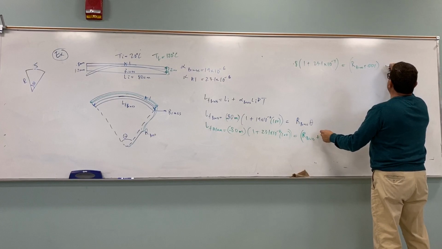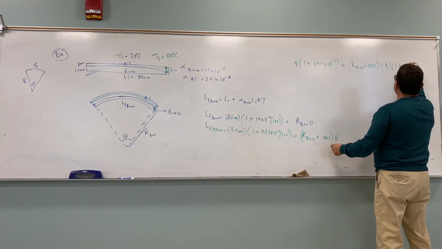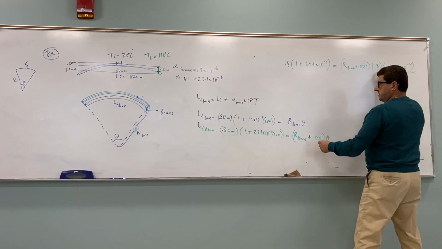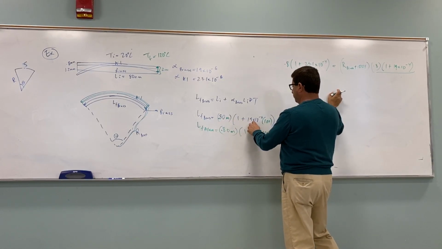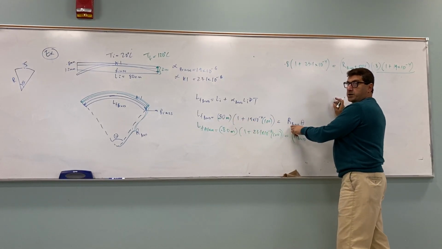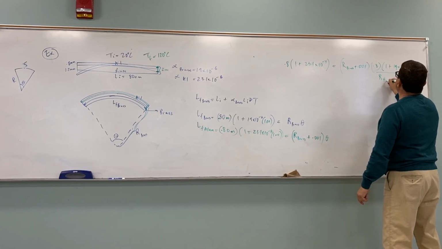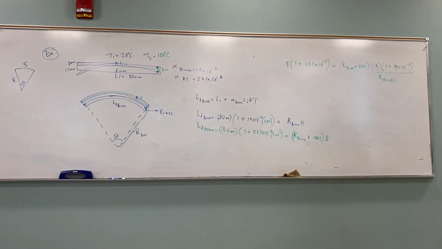So which is what? 0.8 times 1 plus 19 times 10 to the minus 4. What's theta from here? 0.8 times 1 plus 19 times 10 to the minus 4 divided by R brass. Then what happens?